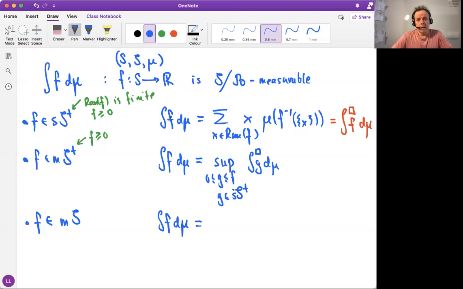What is actually happening here is that now we assume that f can have positive and negative values. So we need a little bit of care, because remember, mu can assign infinities. So this measure of some set can be infinite. And if we have plus infinity and minus infinity, we will be in problems of how to define things. So we need to be careful that we are not summing plus infinities and minus infinities.